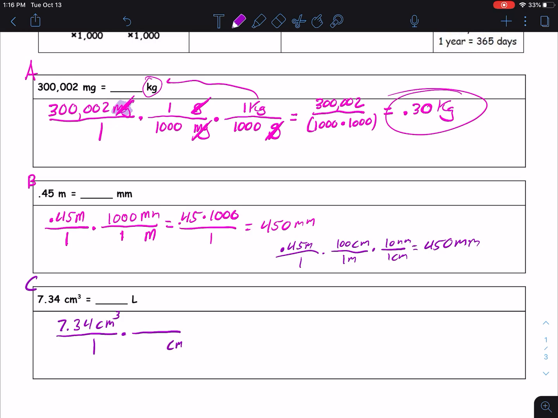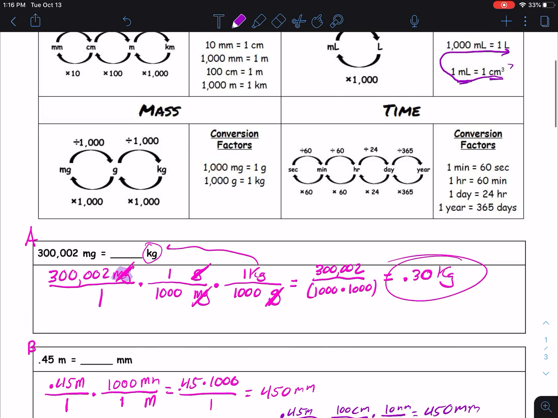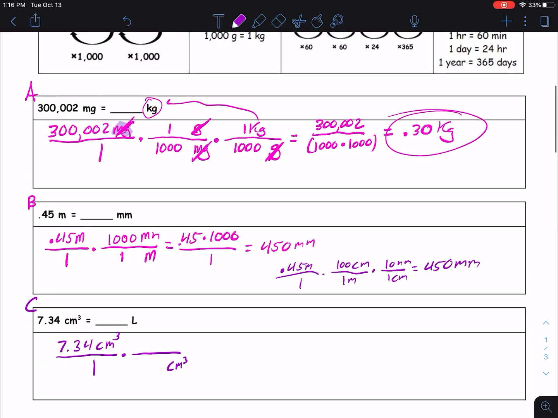So there's centimeters cubed in the numerator. We need it in the denominator. And when we look right here for centimeters cubed into milliliters, 1 centimeter cubed equals 1 milliliter. Centimeters cubed cancel, left with milliliters.